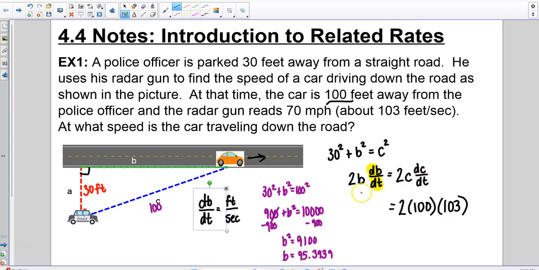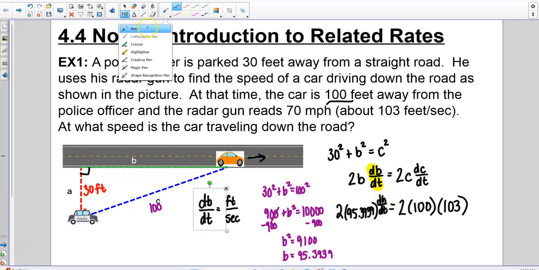So I've got 2 times that, 95.3939 dB dt. Right. Now I'm going to need the calculator, but I just have a pretty straightforward problem for solving this.